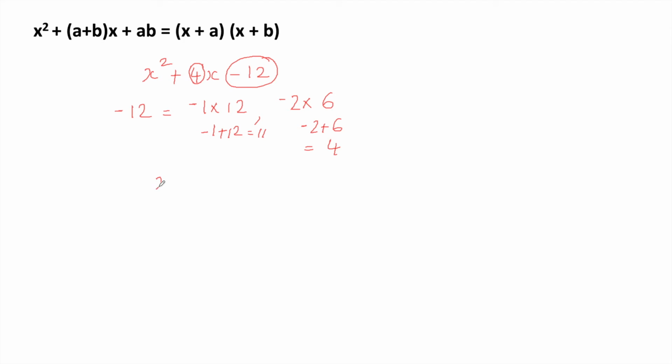So this is in the form of x square plus, what are the factors, minus 2 plus 6 into x, minus 2 into 6. So a is equal to minus 2, b is equal to 6. So this is in the form of x minus 2, x plus 6.